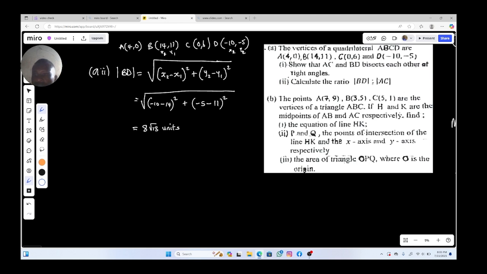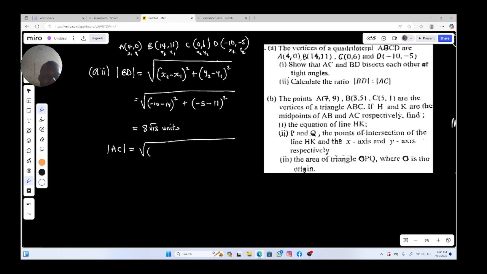So let's pick up AC now. AC will be the same formula. I don't need to rewrite it again. The formula is here. So let's pick A to C. Here becomes X1, Y1, and this becomes X2, Y2.